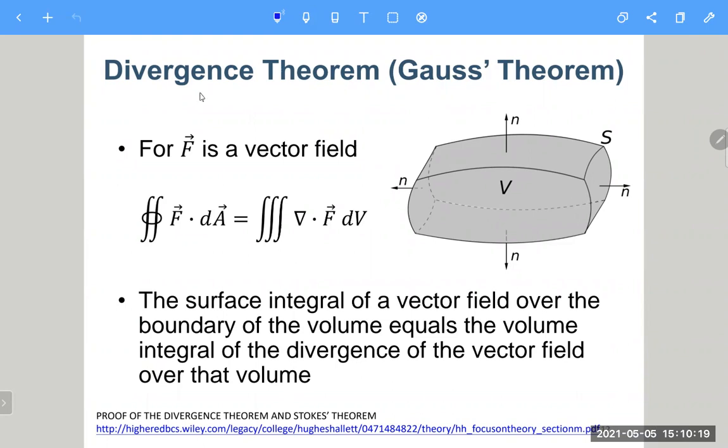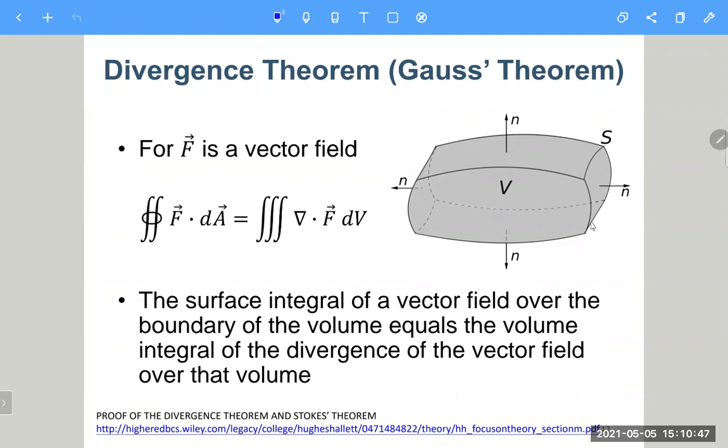So for the Gauss theorem, the description is like, for F a vector field, it should satisfy this equation, which means that this surface integral should be equal to the triple integral of the divergence of this vector field.